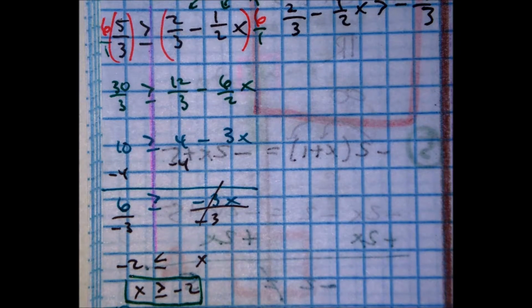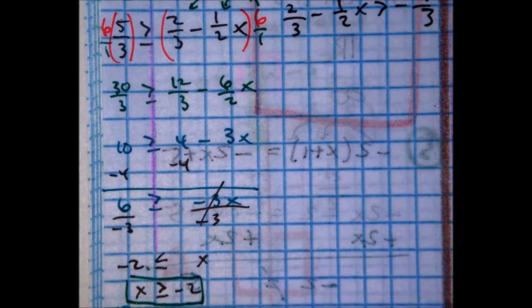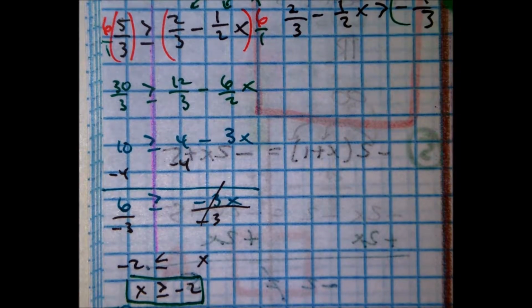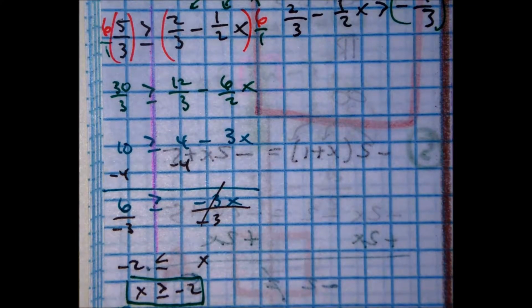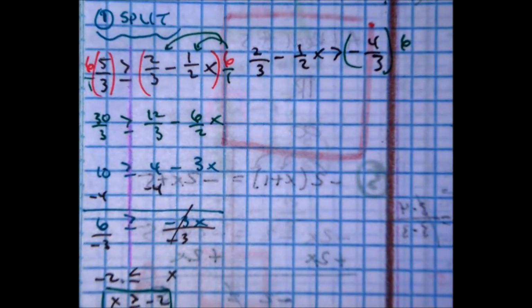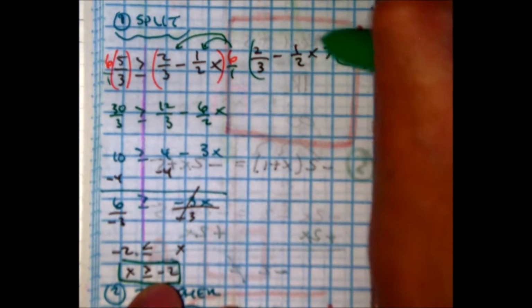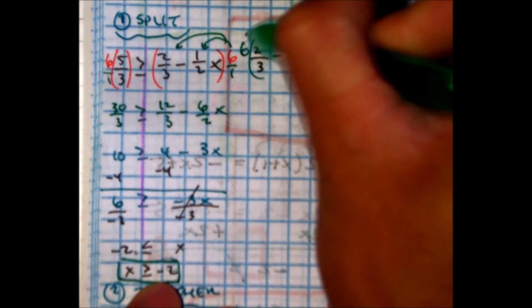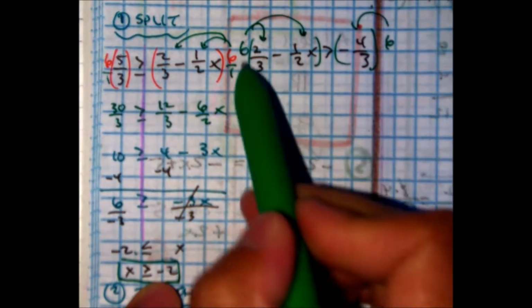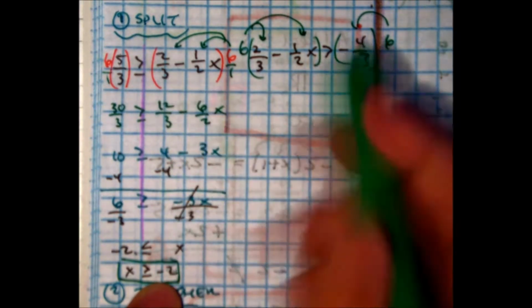Let's do the same thing on this side. Class, what number am I going to multiply by? I'm going to multiply by a 6. That is our lowest common multiple there. It's going to eliminate the fraction. And if you think about it, this 6 multiplied by this is the same thing, isn't it?